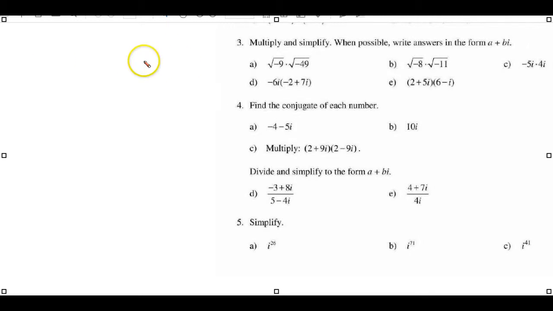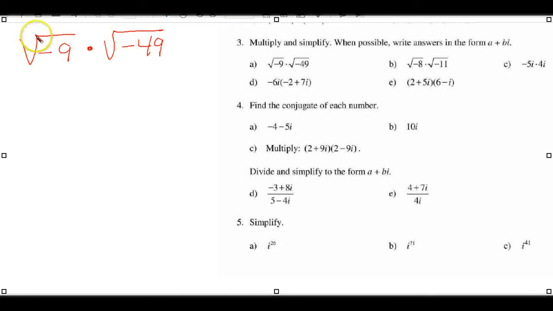So let's go on to letter 3A, where we have the square root of negative 9 times the square root of negative 49. Now, when we're dealing with complex numbers, we can't multiply the negative times the negative under the radical sign.